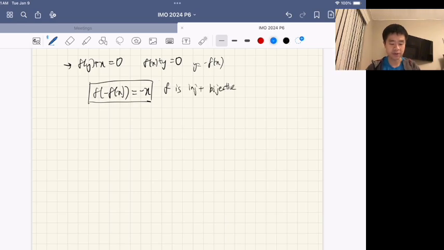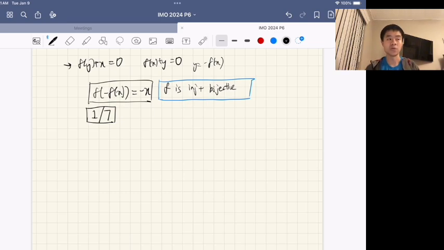This is an important part. Now, from what I heard, getting this itself is worth 1 point. So we have successfully laid the groundwork, and now we can go on to explain a bit more.